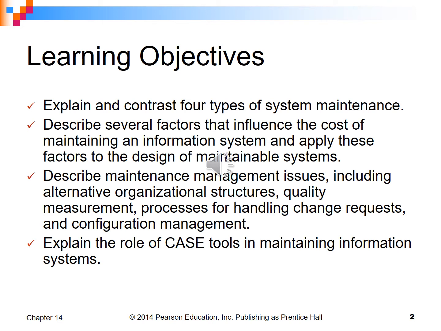Describe maintenance management issues, including alternative organization structure, quality measurement, process of handling change requests, and configuration management. Most of these come in lecture 2. And finally, explain the role of CASE tools in maintaining information systems.